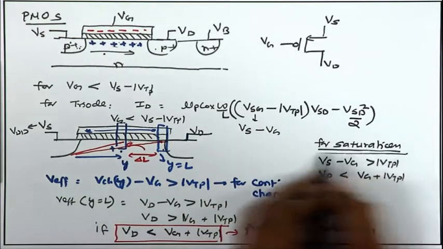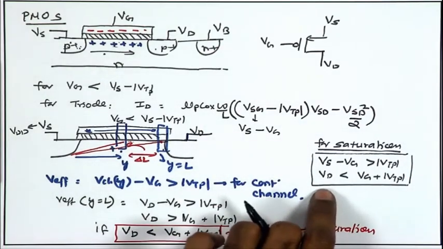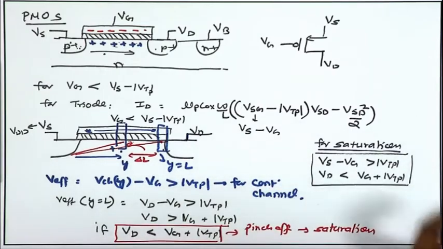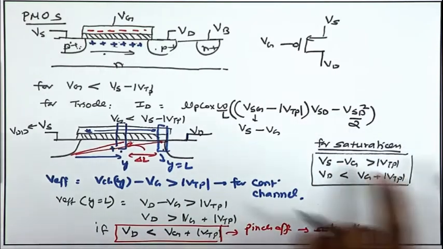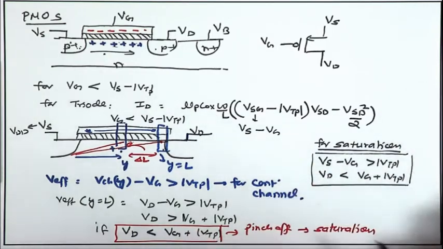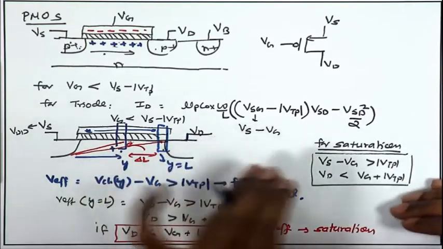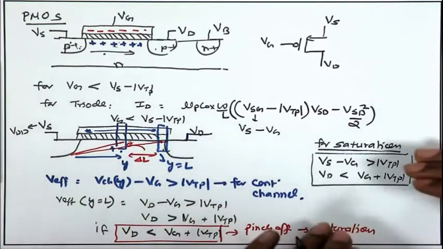So, these are the two conditions we need to recall, we need to have at our fingertips, so that we can analyze circuits and find out the condition for PMOS to be in saturation region or triode region. So, this is very important to be able to distinguish in a circuit, find out the conditions for the operation of PMOS and be able to say whether the PMOS is entering into triode region or whether it is still in saturation region and so on.